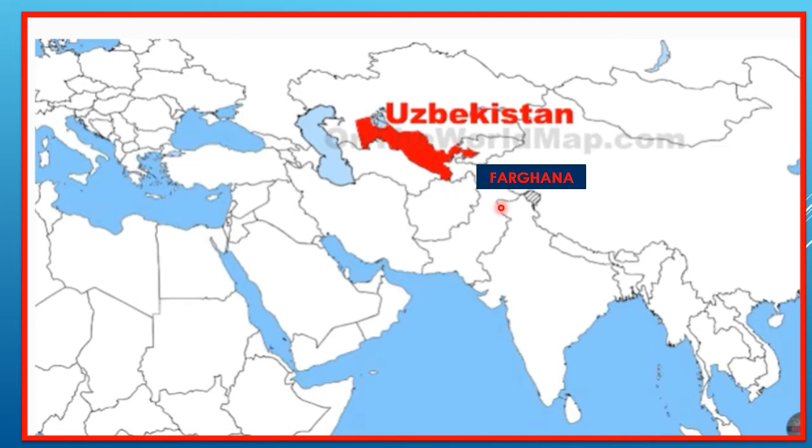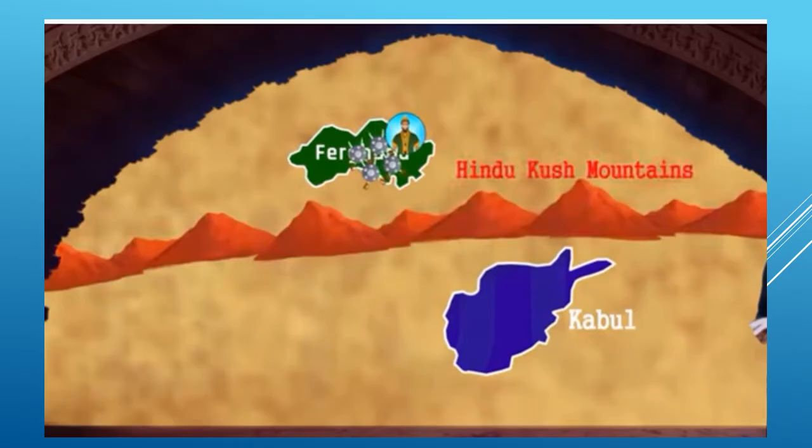For many years he wandered around, but with the help of a few trusted friends and soldiers, he managed to raise an army. Then he crossed over the Hindu Kush mountains, and with that small army, he was able to conquer Kabul, from where he started ruling.